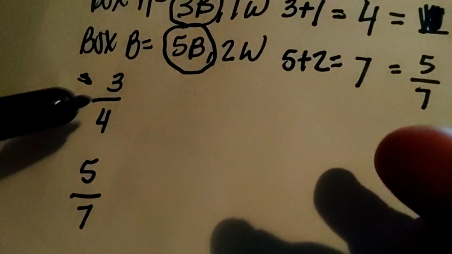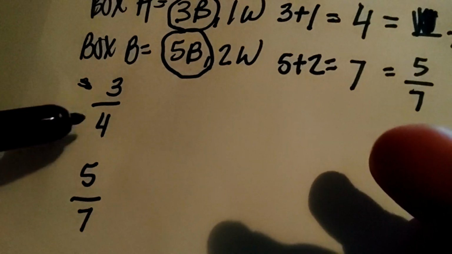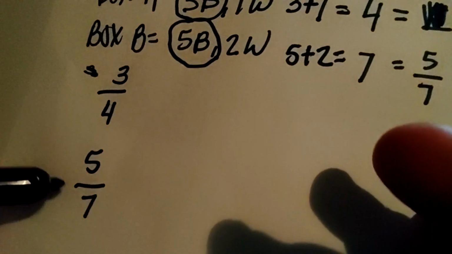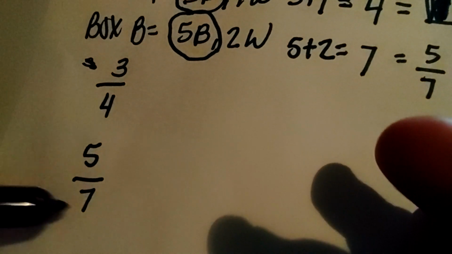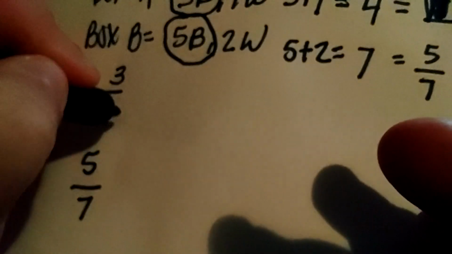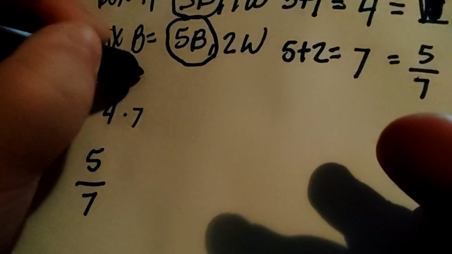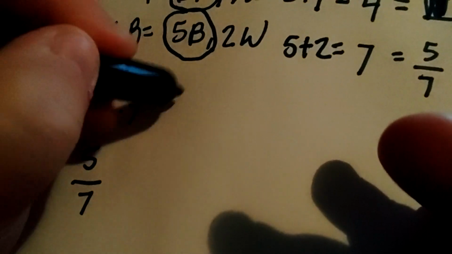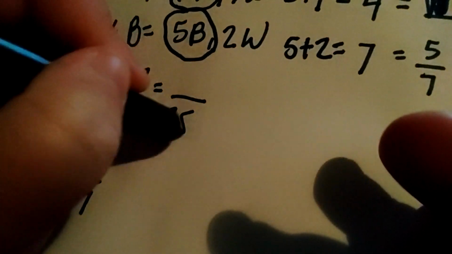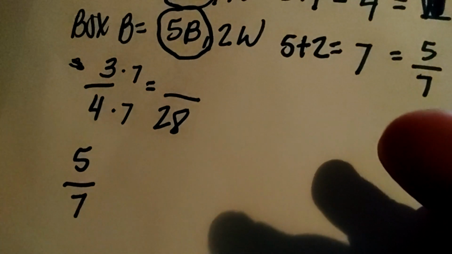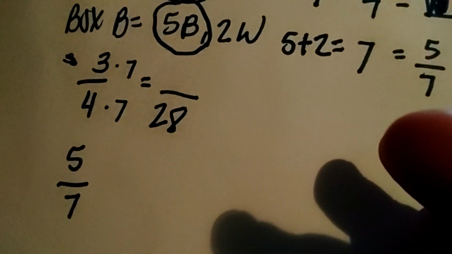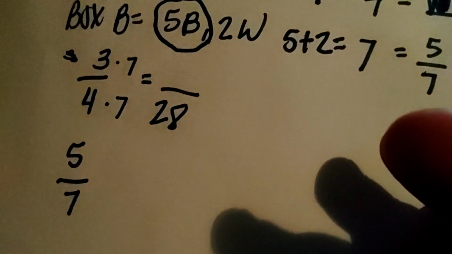In order to compare these the easiest way, we need the bottom numbers to be the same. If we do 4 times 7 and 3 times 7, 4 times 7 is 28. 3 times 7 is what, Dara? 21.